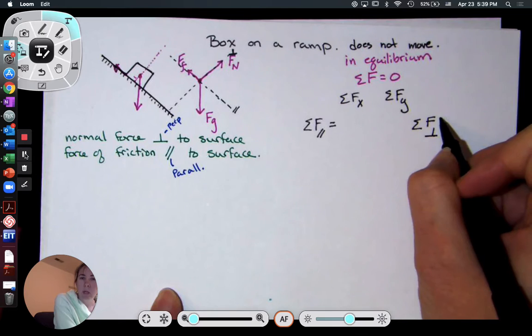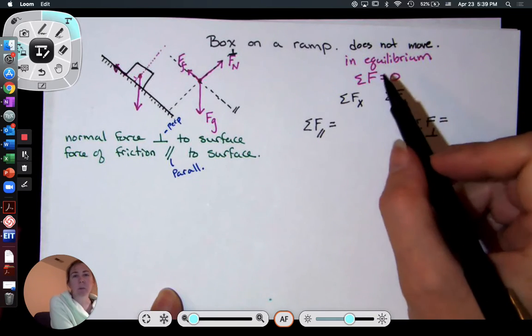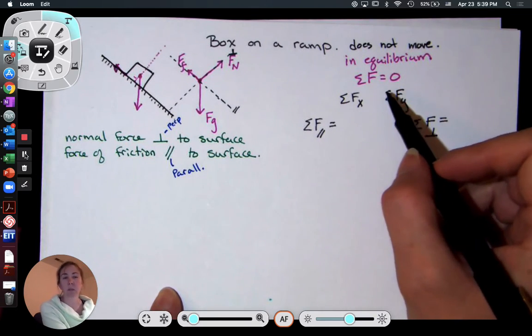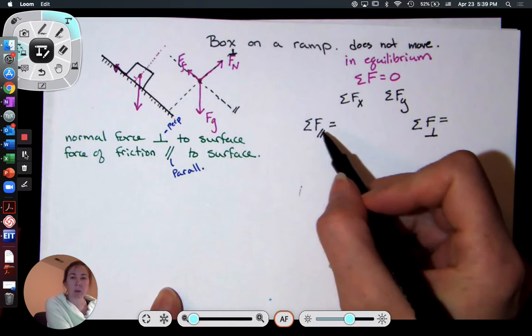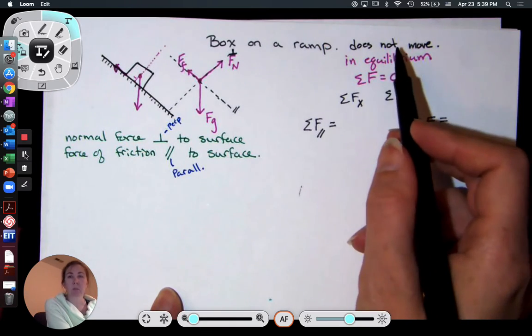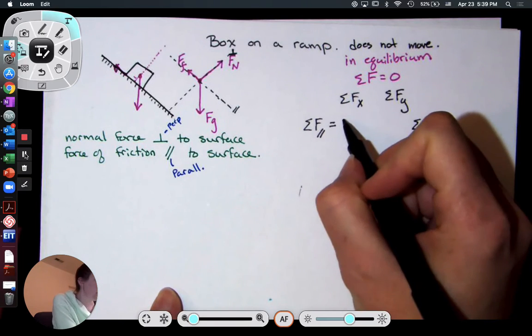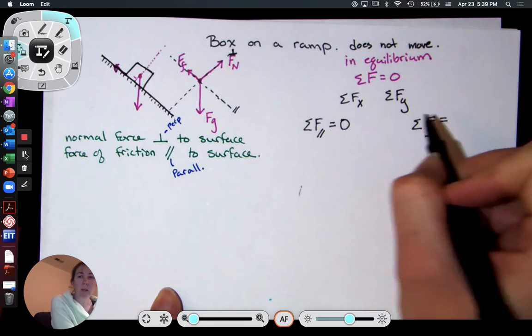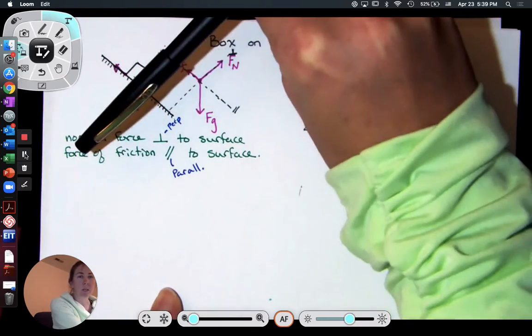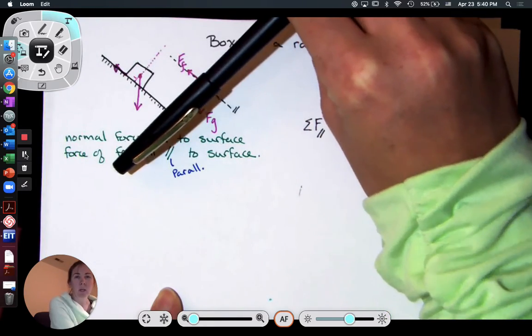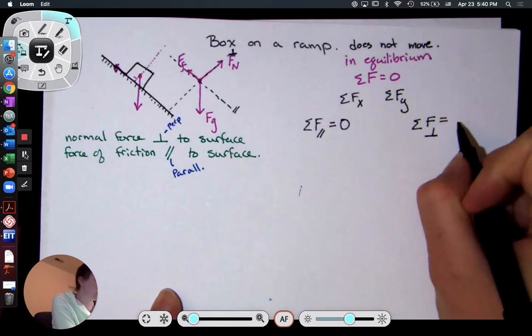Because it's in equilibrium and the total sum of the forces is equal to 0, the sum of the forces parallel to the ramp, if this box does not move, is going to be equal to 0. And the sum of the forces in the perpendicular direction, in and out of the ramp this way, will also equal 0.